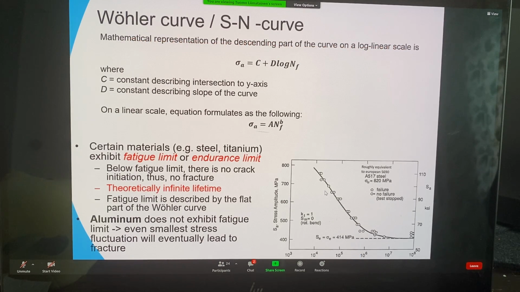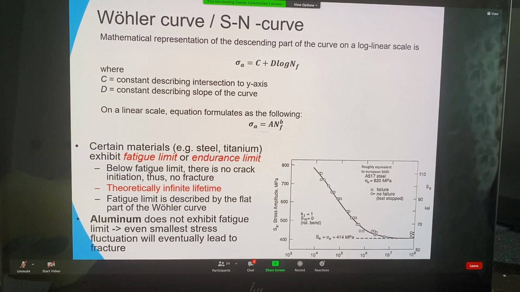Okay. And what is important and interesting and a happy thing for all engineers is that when we have a curve, we can put it into a mathematical form. Everybody loves that we can put physics into mathematical form. Yippee yay. So when we have a Wöhler curve defined, we can write the equation.